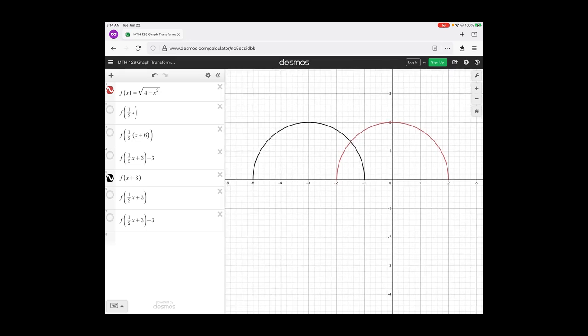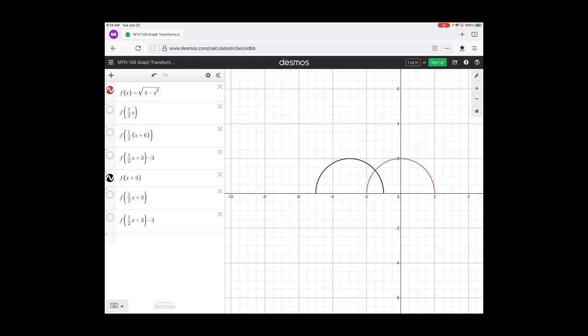The black graph is the red graph shifted to the left by 3 units. Now we're going to make a stretch. We're going to take the black graph and stretch it horizontally by a factor of 2.